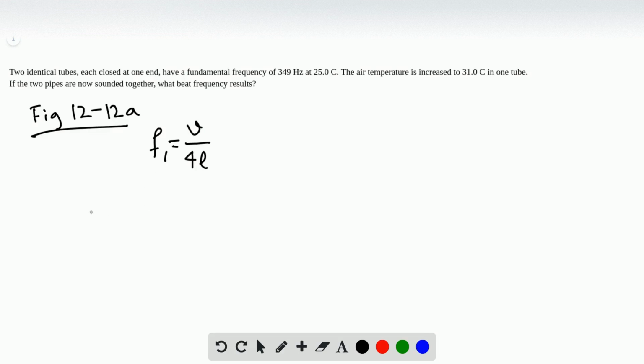So we know the fundamental frequency at 25 degrees Celsius, and we know that the length is the same for both of them, so our frequency will be proportional to our velocity. So let's take the ratio of frequencies at 25 and 31 and see if we can get the frequency at 31 degrees Celsius.